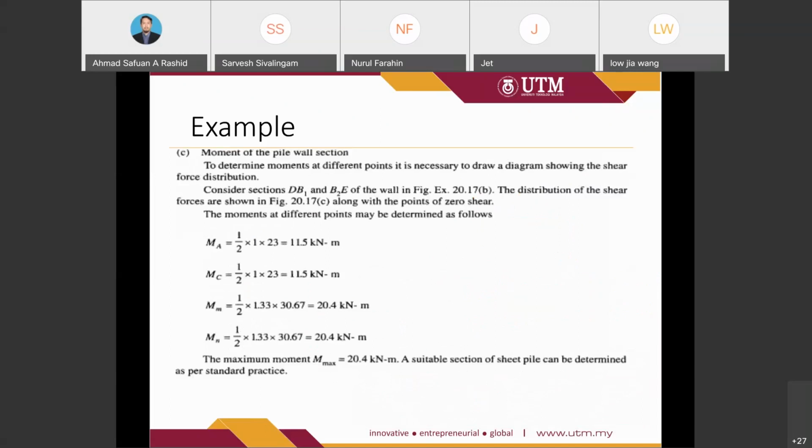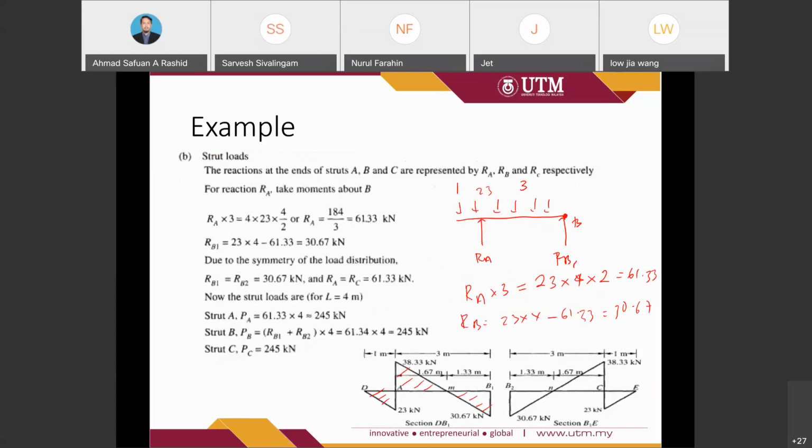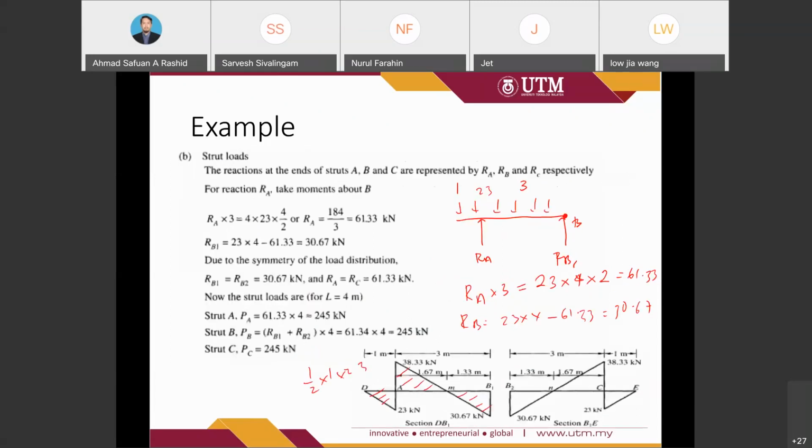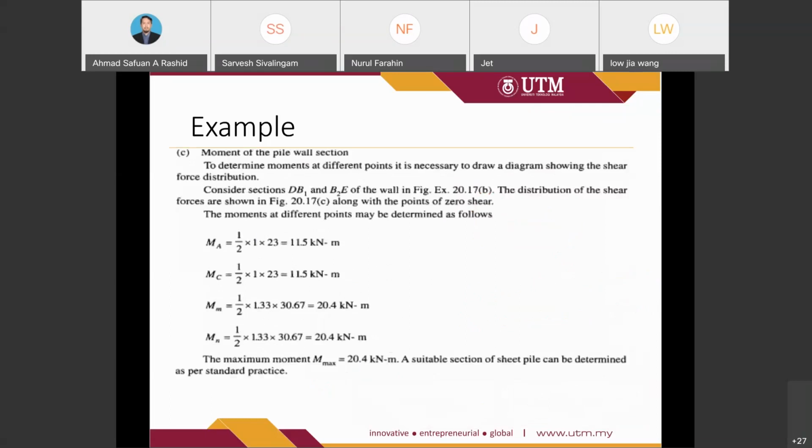For example, for the M1, the area is half times 1 times 23, for the MA and MC. And then for the MM, which is 30.67 times 1.33 times half, so we gain 20.4.